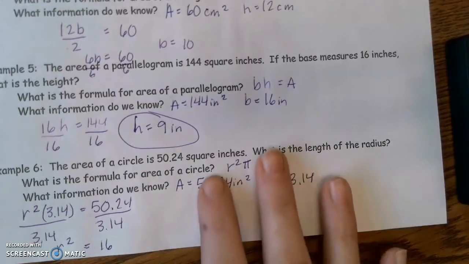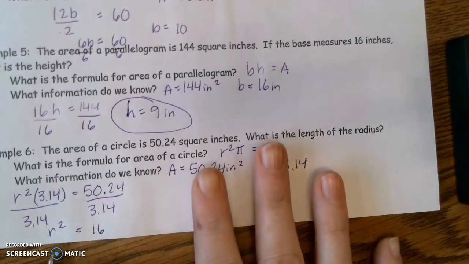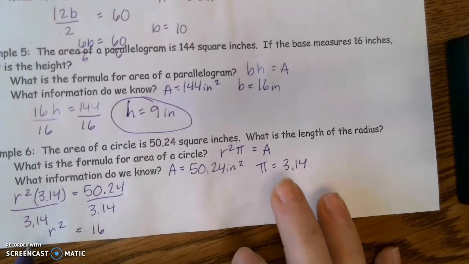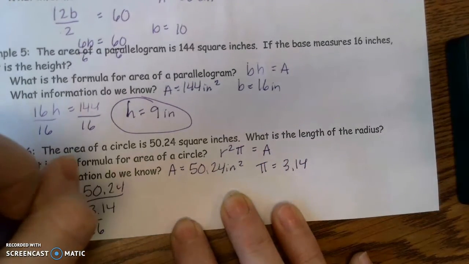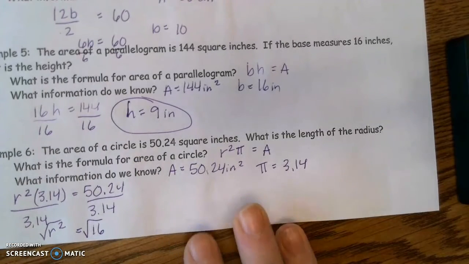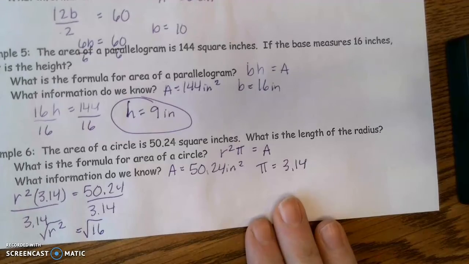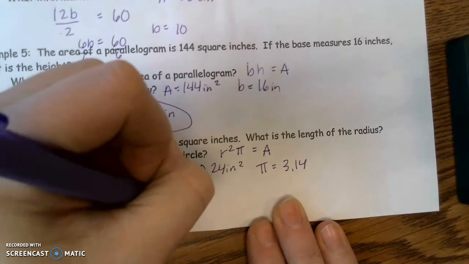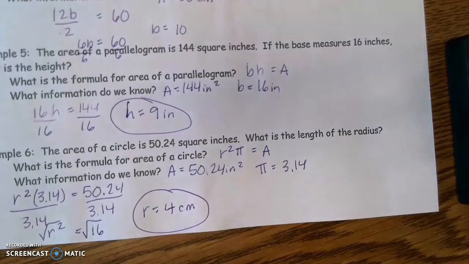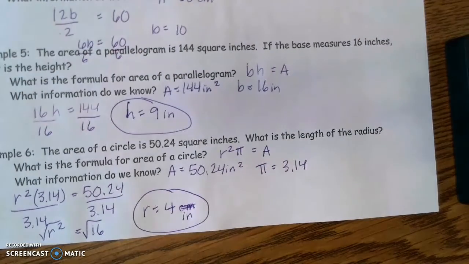Okay, so now I have r squared is equal to 16, but remember I now need to find out what the radius is. So to figure out what just the radius is, not what r squared is, I need to take the square root. So we're undoing that exponent. So the square root of 16 would then just be 4. So my radius is 4 inches. Okay, so 4 inches would be my final answer here.